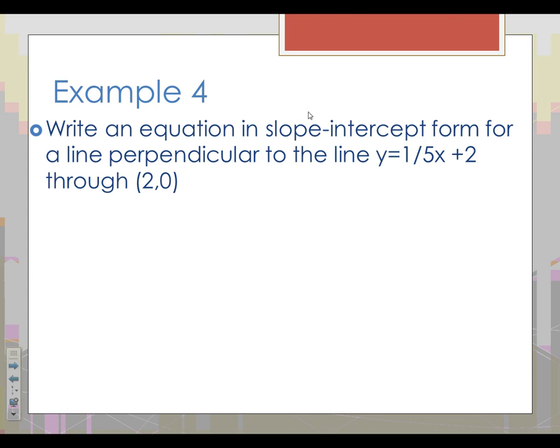So some keywords there. We want our answer in slope-intercept form. Our equation is perpendicular to this one. Our equation has the point (2, 0). And if we look at this equation, the slope would be 1/5. So that's the key information in the problem.